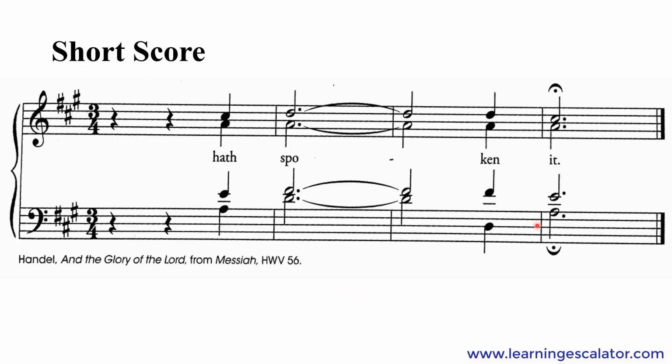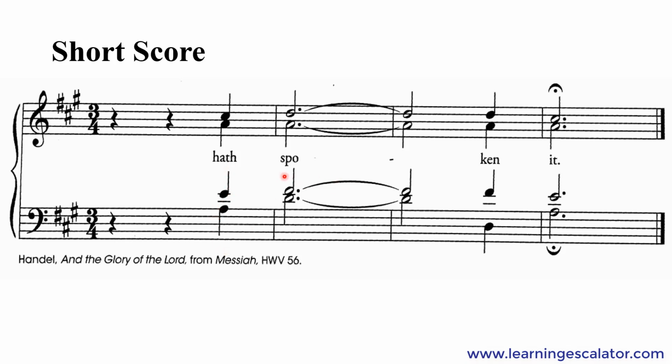This is an example of something in short score. So the stems are in different directions, so when it goes up, that's the top voice. When it goes down, that's the second voice, and in the bass clef, this one's the top and this is the bottom.